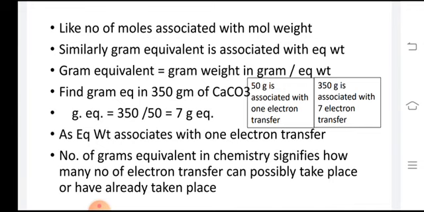Now we have 7 gram equivalents. This gram equivalent means how many times there is a possibility of that transfer. So it will have 7 times transfer possibility. So 50 gram is associated with 1 electron transfer and 350 gram is associated with 7 electron transfers.